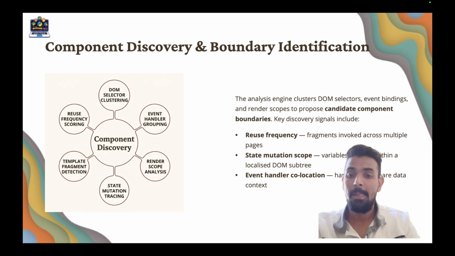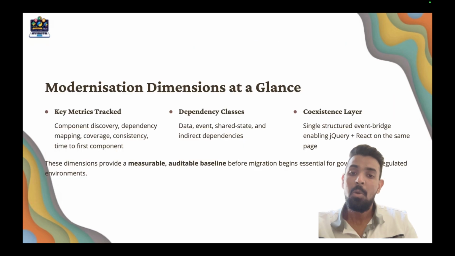Once we have identified our components, the next question is, which one should we migrate first? Successful modernization isn't measured simply by the number of React components we build. It requires measurable indicators that show whether the migration is progressing safely. These include component discovery, dependency mapping, coverage, consistency, time to first component, and the effectiveness of the coexistence layer.